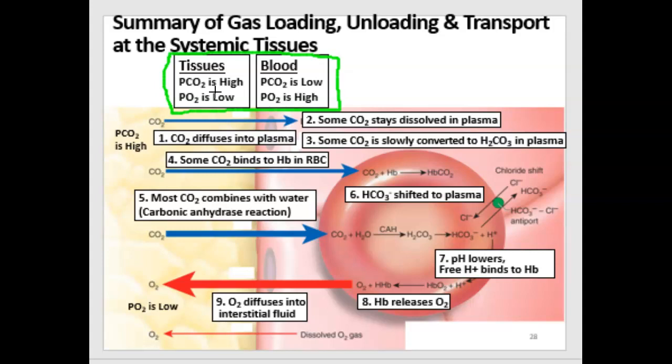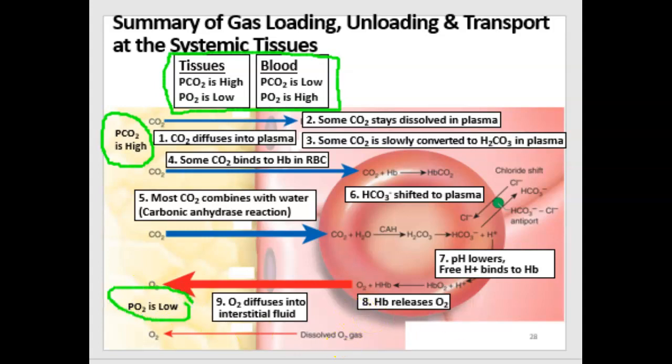You don't have to be exact, but you should know where it's high and where it's low. And so we know in the tissues that PCO2 is high because they've been making ATP, they've been producing CO2 because they're breaking down all these nutrients, and O2 is low.